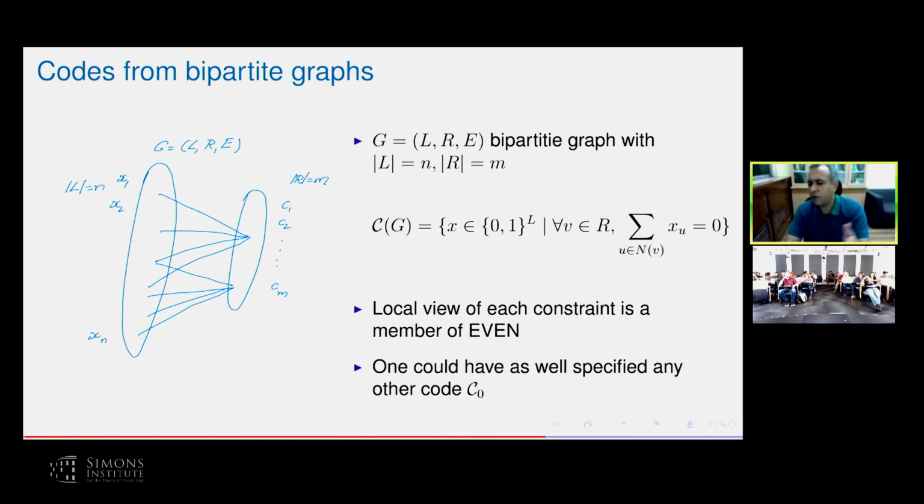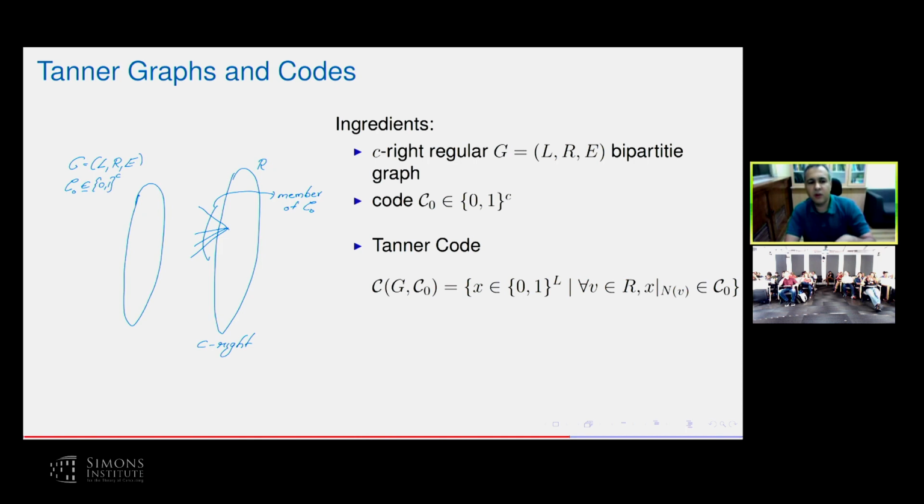But this seems to be a completely artificial thing. Why should we have worked with the code even? We could have worked with any other code C0. We could have said that every constraint on the right-hand side, the view it sees, should be a member of C0. It doesn't have to be this even. So this raises the following question of the Tanner graph. Here, how I'm going to construct this code is, you're given a bipartite graph as before.